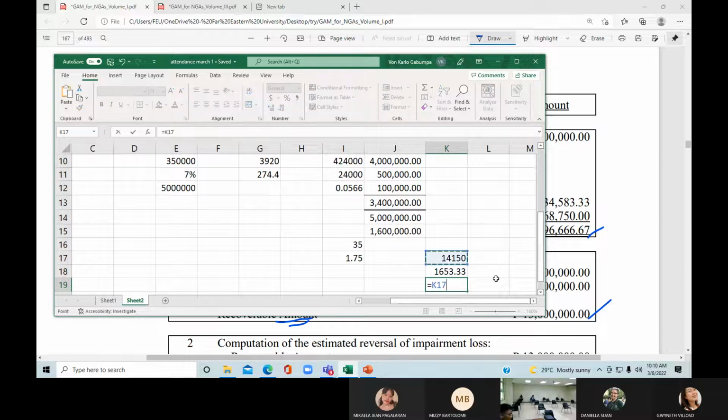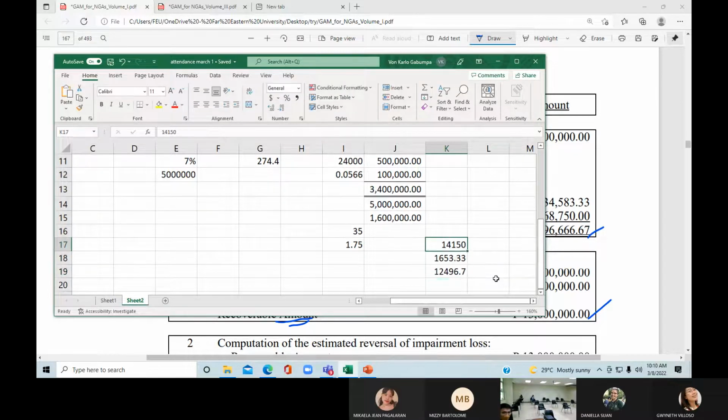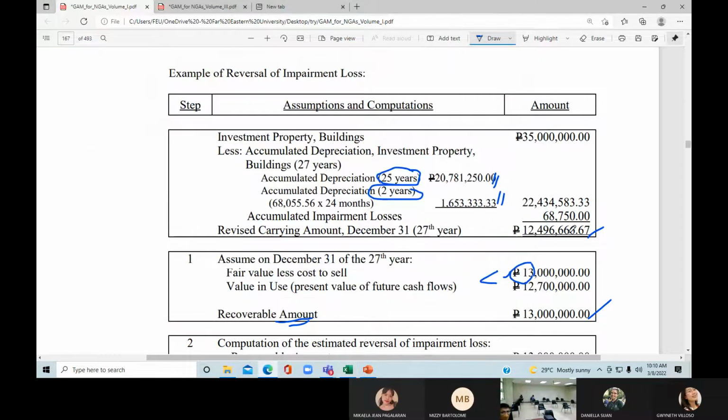Subtract nga natin ito. 12,496,666. Oo, tama. Yan ang revised carrying amount ng 27th year.